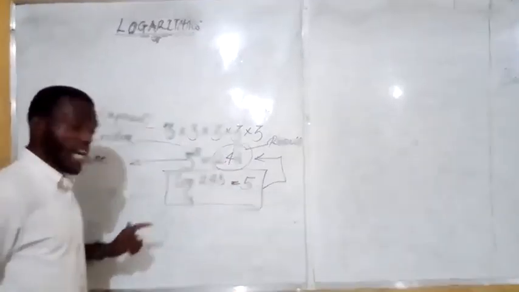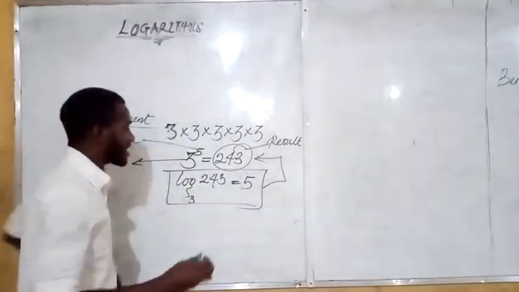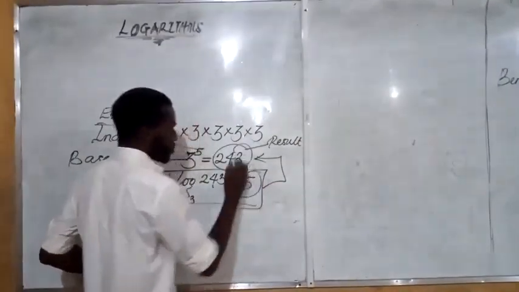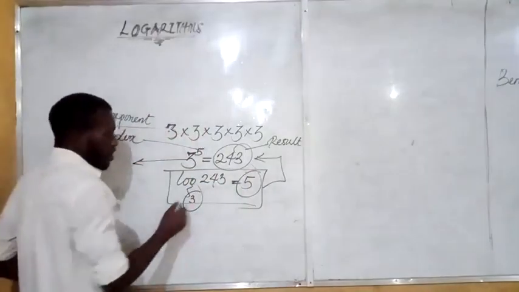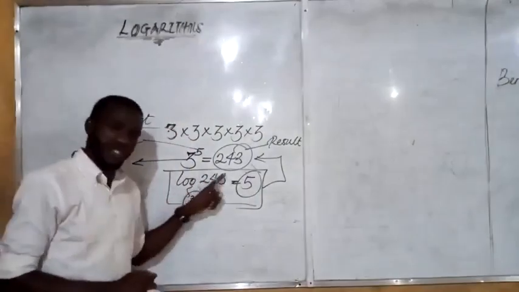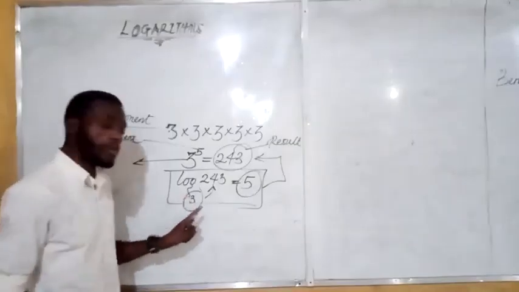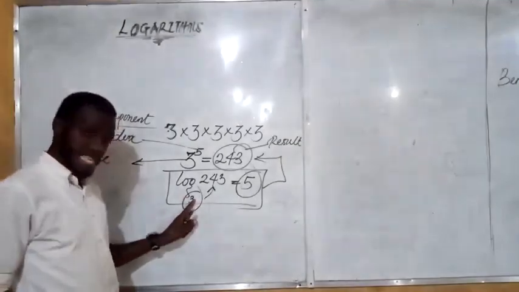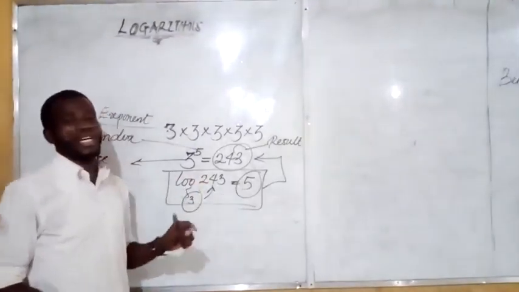Now, logarithm means: what number will I raise a particular base to, to give me a particular number. So when I say the log of 243, you simply ask me the base. Then I tell you it is the base of 3. Then you tell me what number I will raise that 3 to, to give me 243, and that becomes our answer.